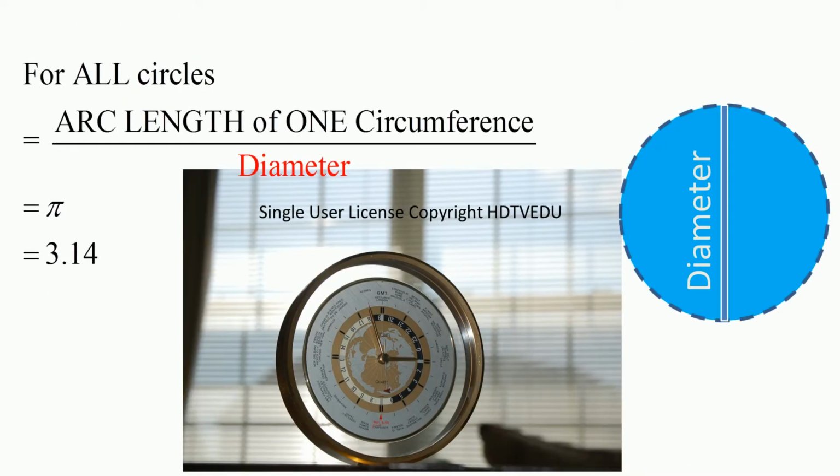Okay, enough of the radius. Let's divide circumference by the diameter. Let us now divide the circumference by the diameter. All right, not the radius, by the diameter. Again, like before, you put a string around the clock.